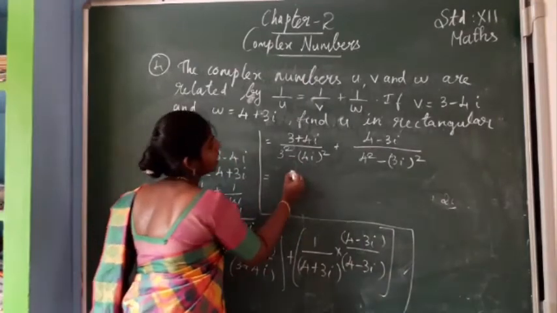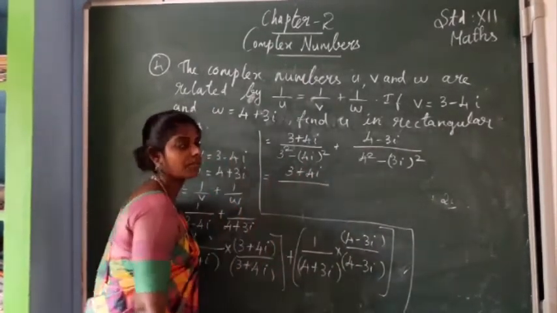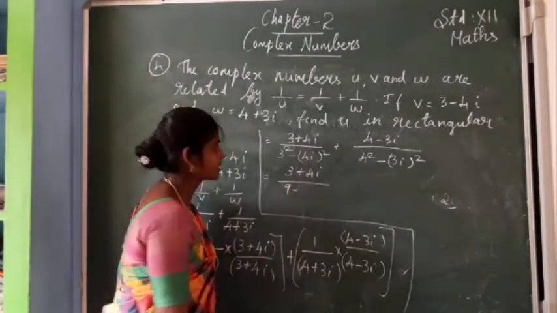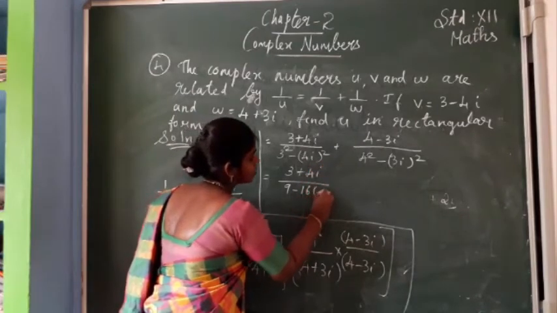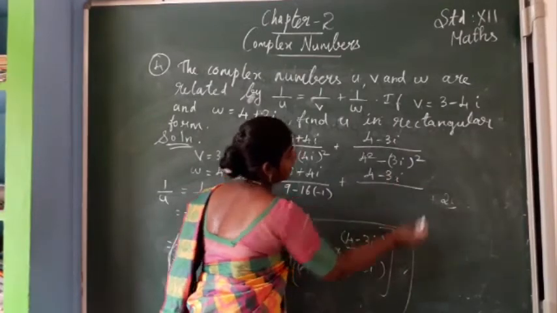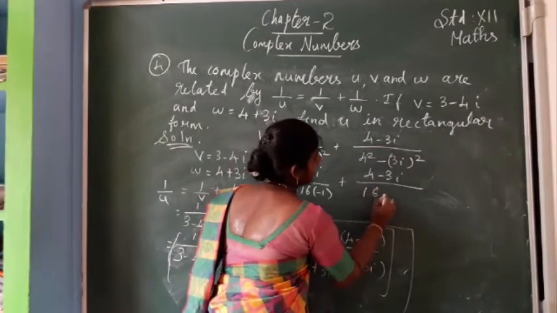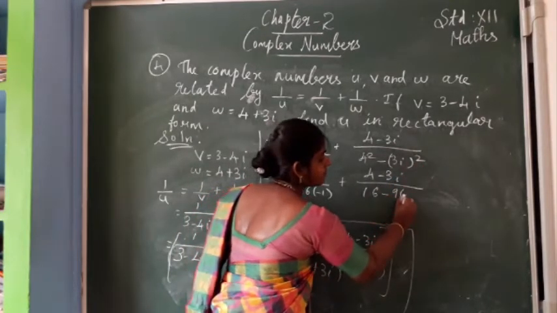That's equal to (3 + 4i) divided by 3² value is 9, minus 4² is 16 times i² value is −1, plus (4 − 3i) divided by 4² value is 16, minus 3² is 9 times i² value is −1.